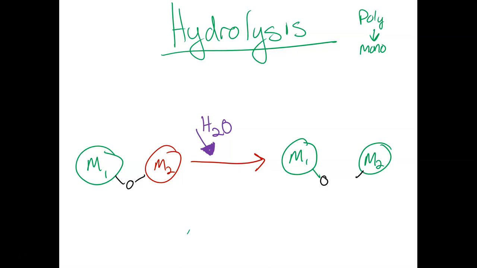All you want to make sure you do is add one of the H's from H2O to that O that was there, and then the other side you can add the remaining OH. So now this is showing us going from a polymer over to two separate monomers.